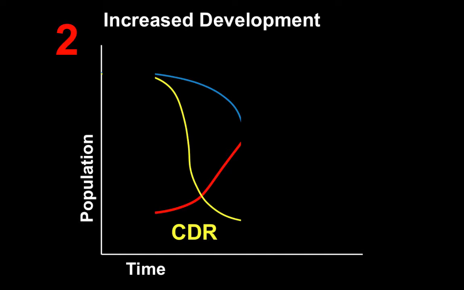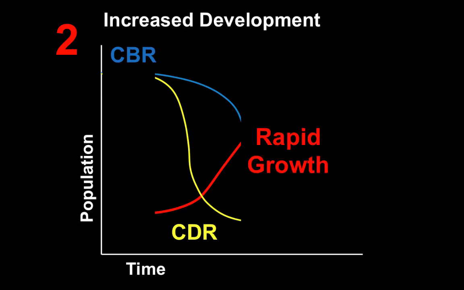Much fewer people are dying. But the birth rate for a good period of time fails to drop as well. So even though very few people are dying, relatively speaking, our birth rate remains very high.